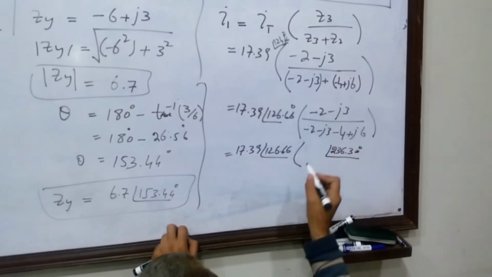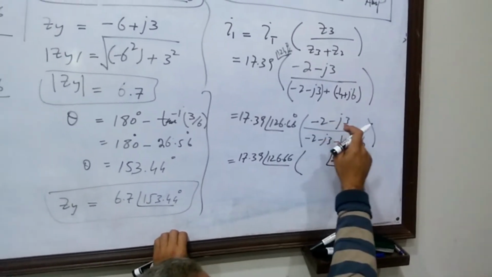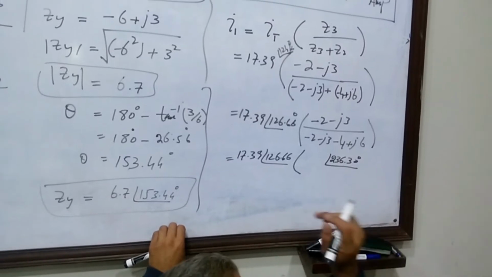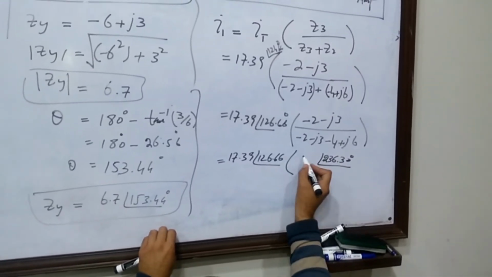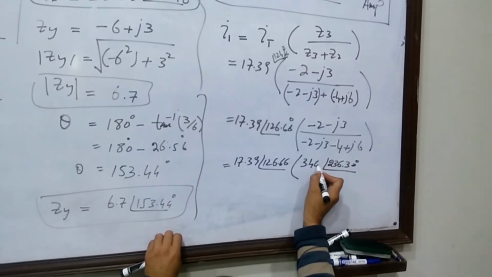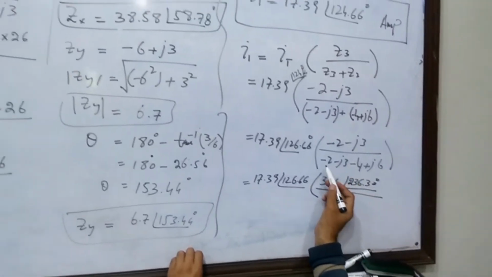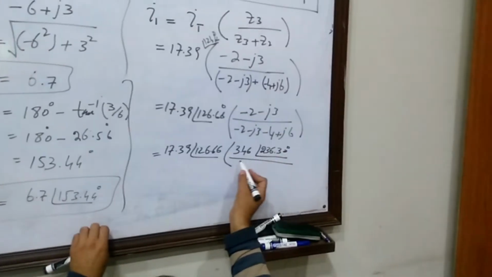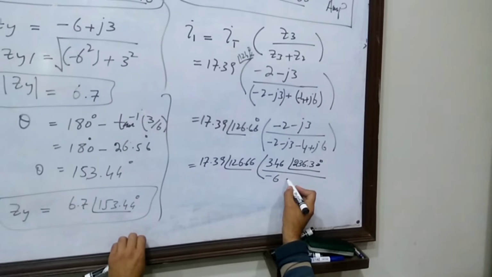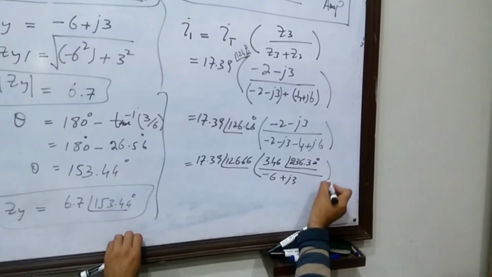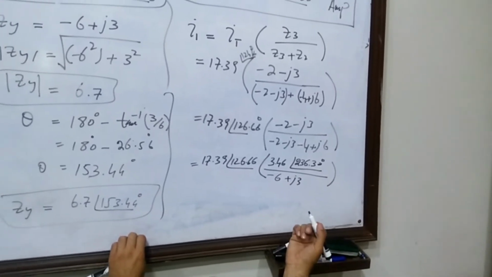How about the magnitude? 4 and 9, 13, under root 13: 3.46 divided by minus 2 minus 4 is minus 6, and minus 3, square plus.